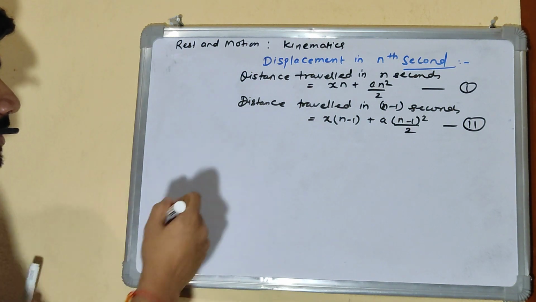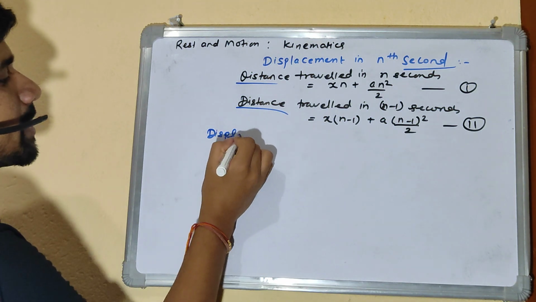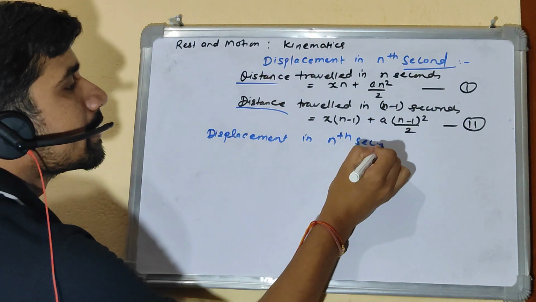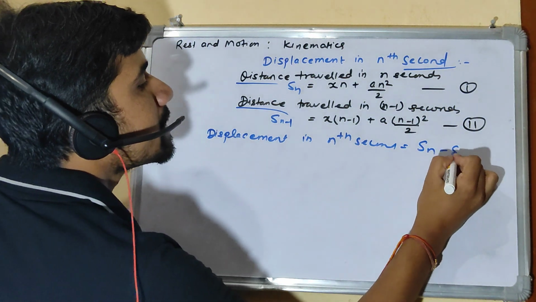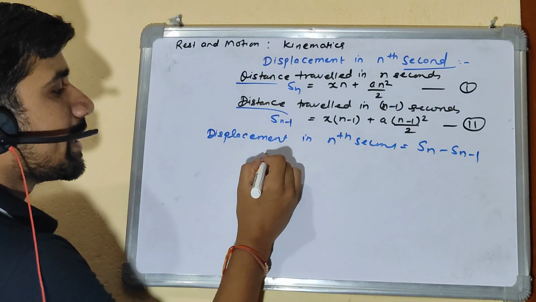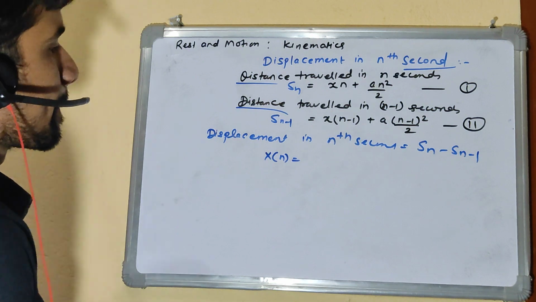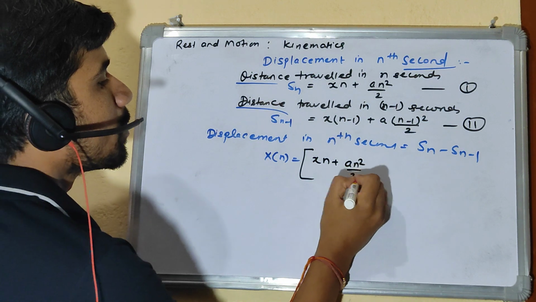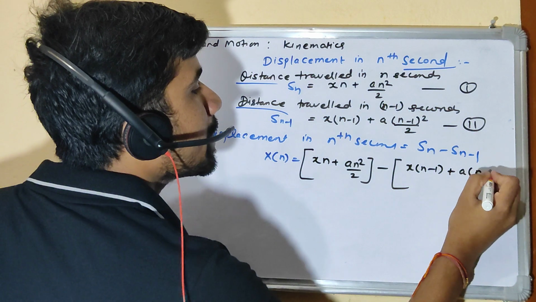Now to calculate our problem statement, the distance, this can be displacement as well. So the displacement in the nth second, if this is Sn and this is S(n minus 1), is nothing but Sn minus S(n minus 1), which is equation 1 minus equation 2. If I indicate this by xn maybe, this becomes un plus an square by 2 minus u(n minus 1) plus a(n minus 1) square by 2.